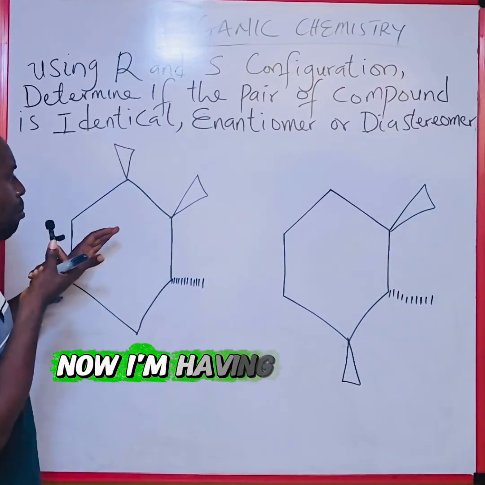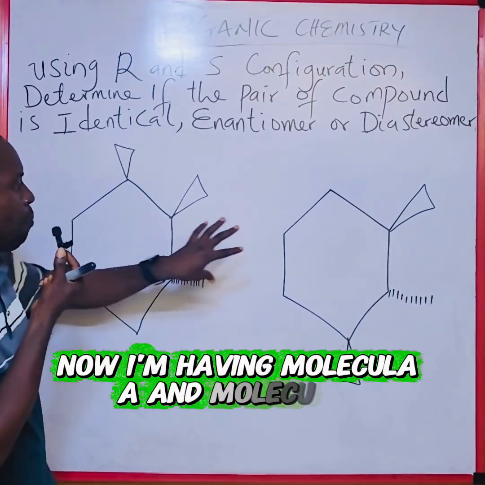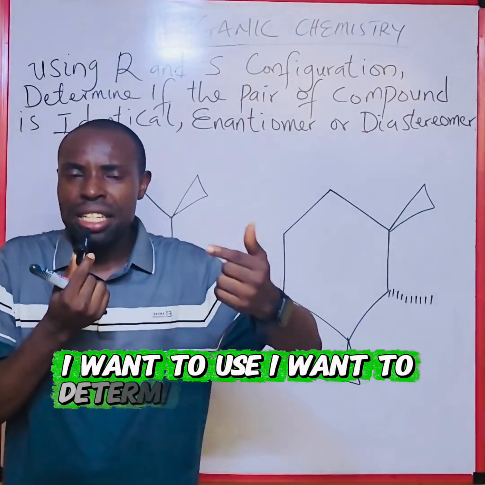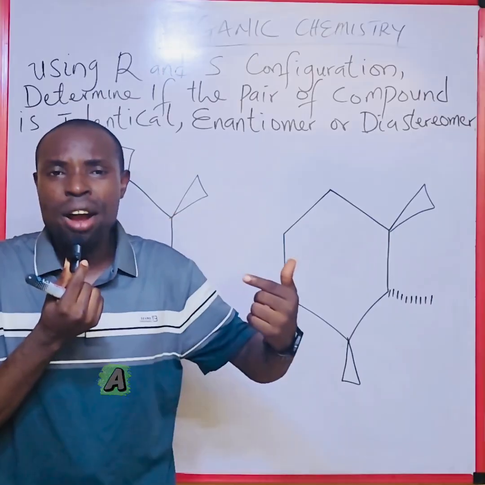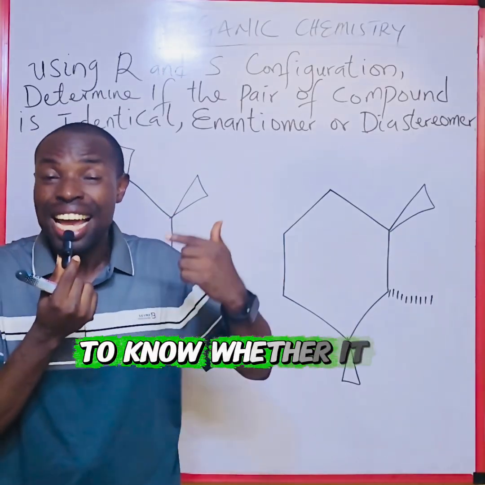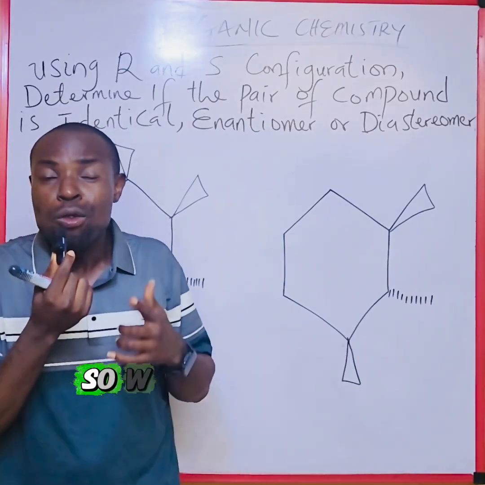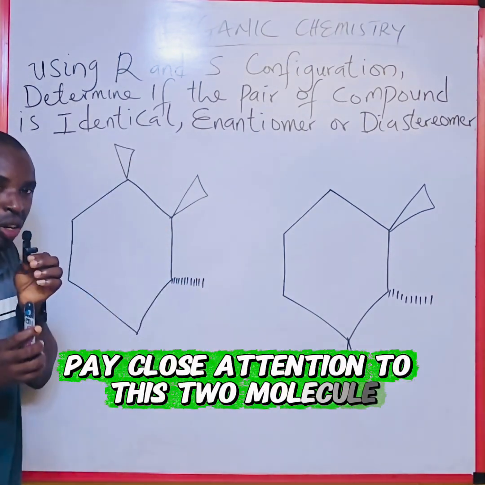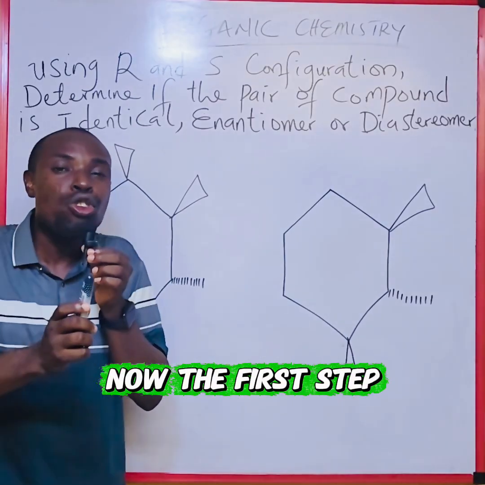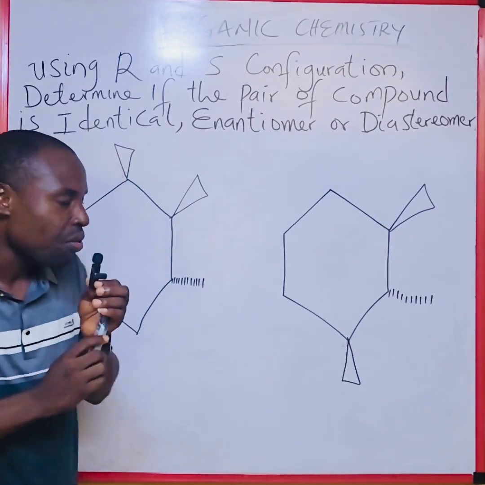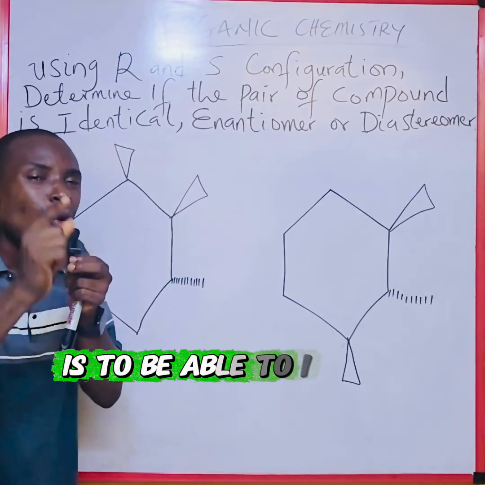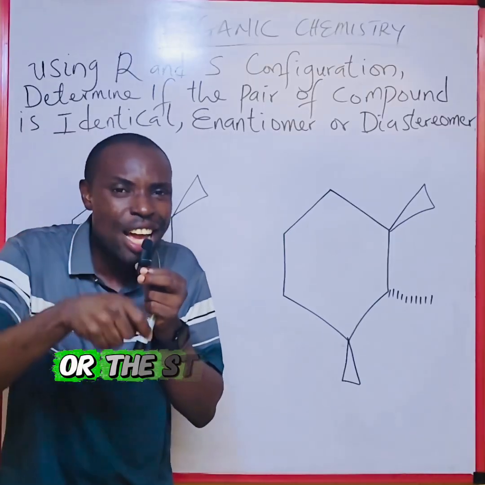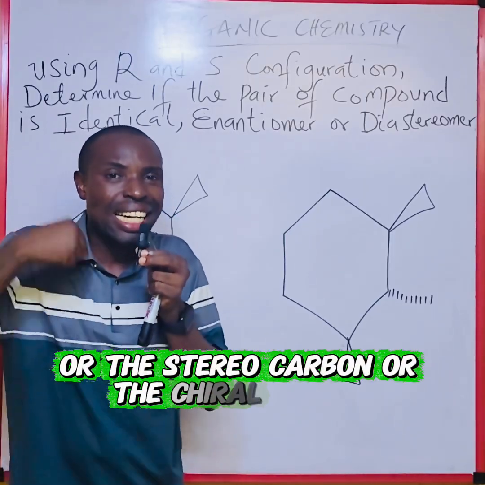Now, I'm having molecule A and molecule B. I want to determine whether it is enantiomers or diastereomers using the arrow and X. So what will I do? Pay close attention to these two molecules. The first step you must take note of is to identify the stereo center, or the stereo carbon, or the chiral carbon.